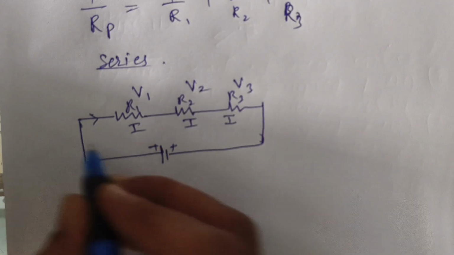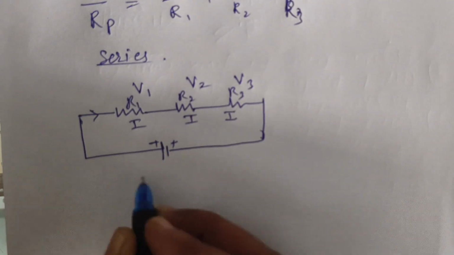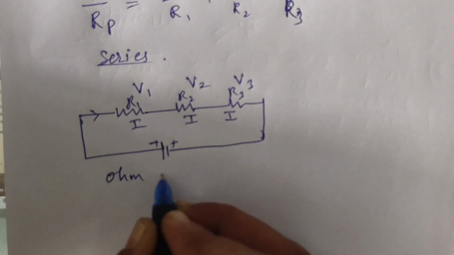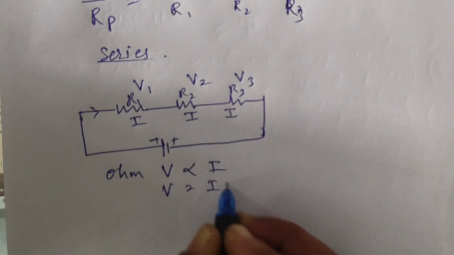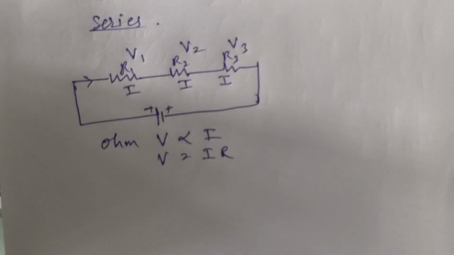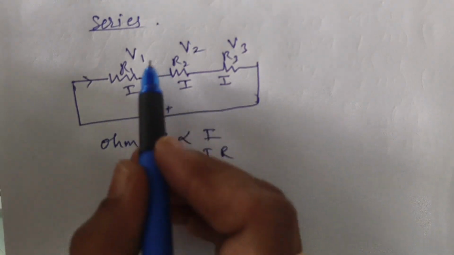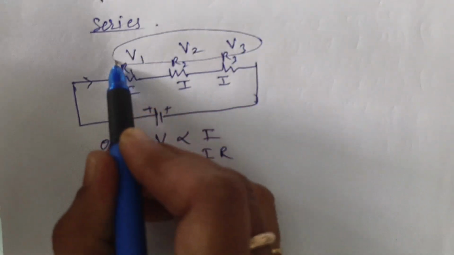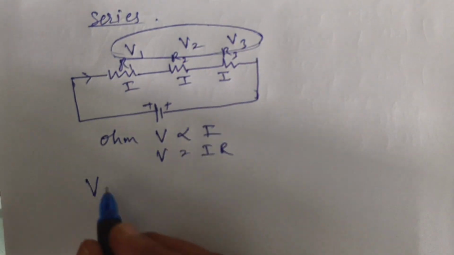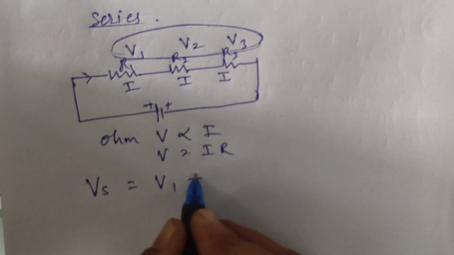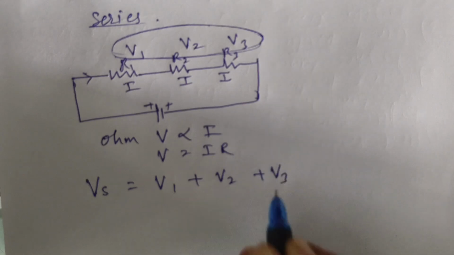Let's apply the simple Ohm's law for this. Ohm's law states that V is proportional to I, and V is equal to IR. As the voltage is splitting here, in our derivation we start with the voltage in series, which is V1 plus V2 plus V3.